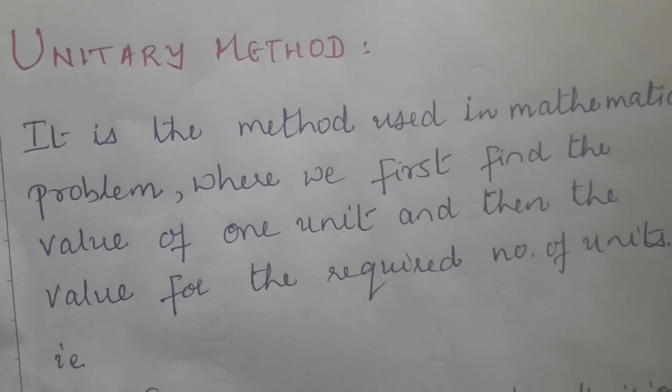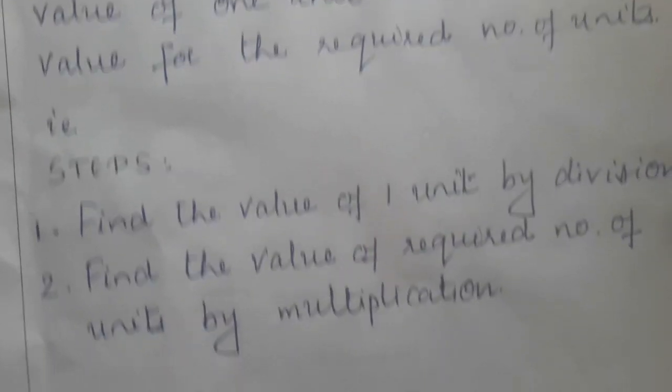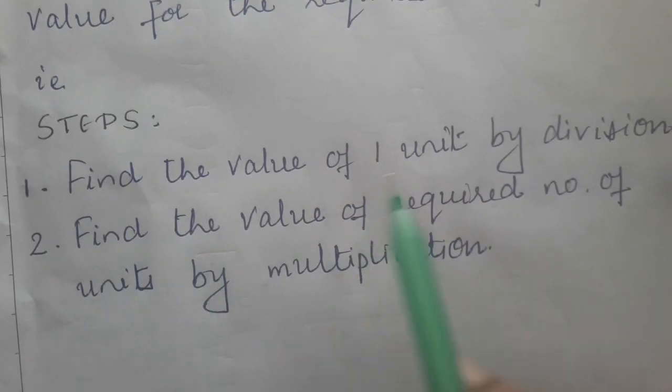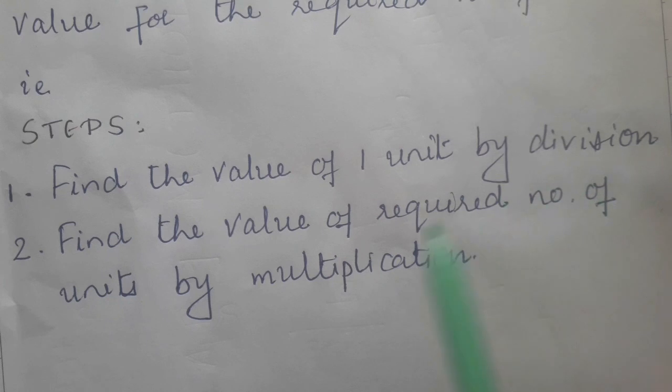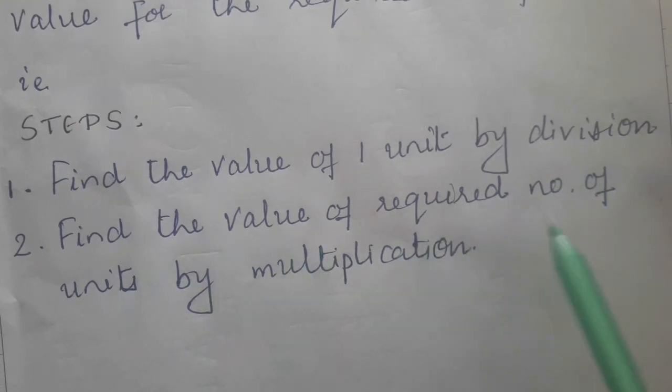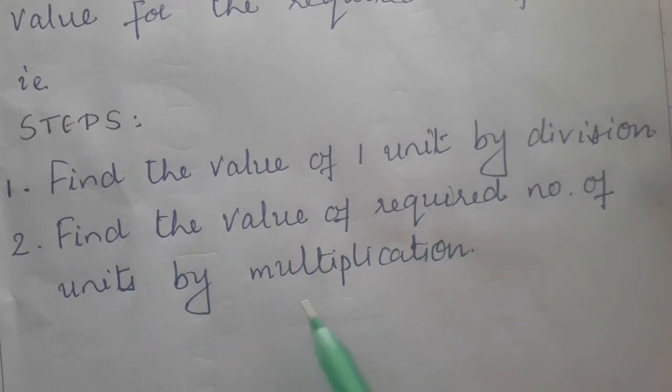So what are the steps? First you have to find the value of one unit by division, and then you have to find the value of the required number of units by multiplication. So let's see a few examples so that you are clear.